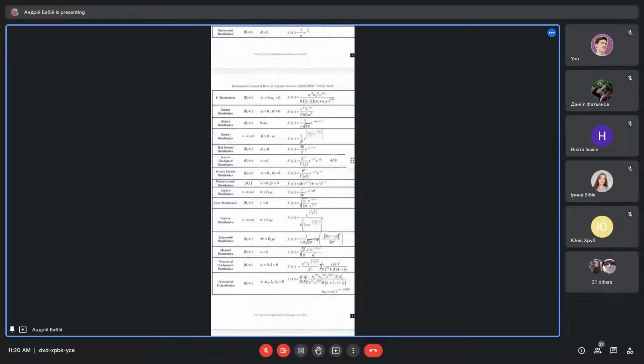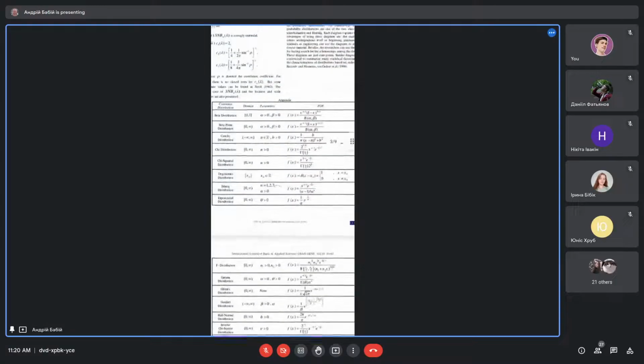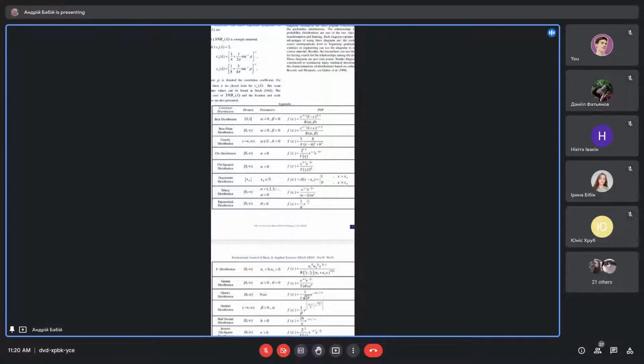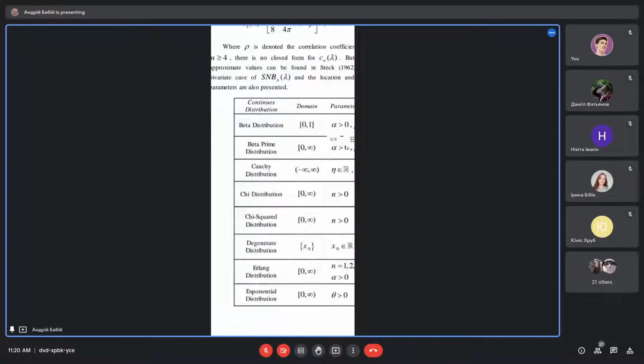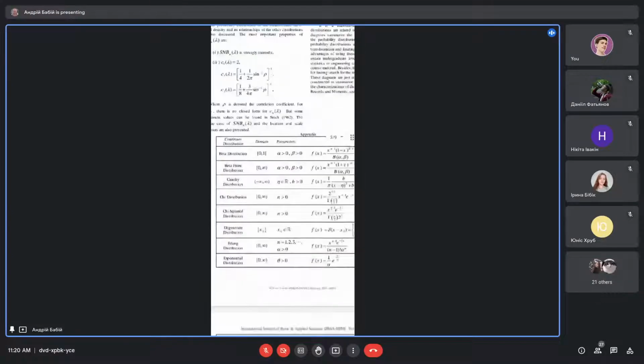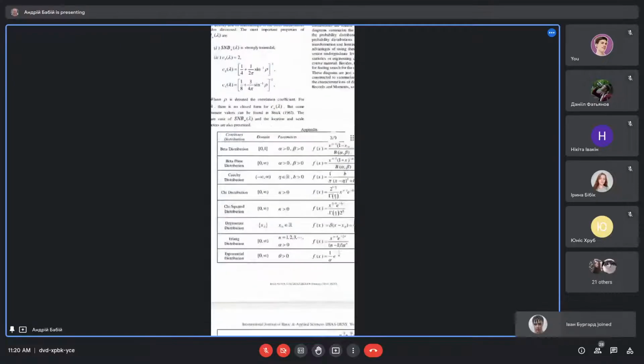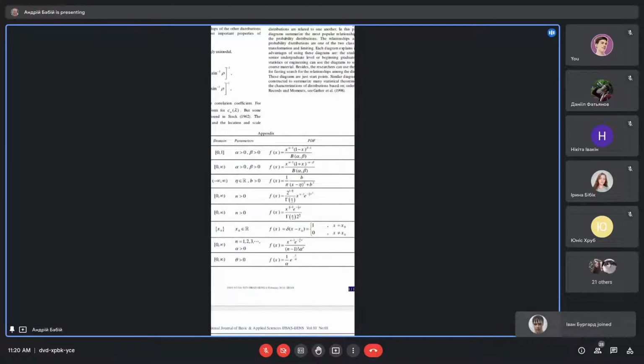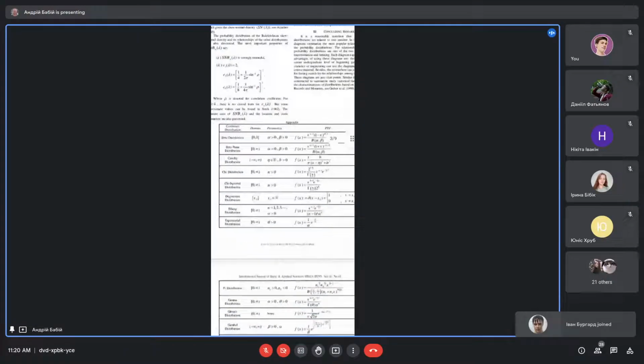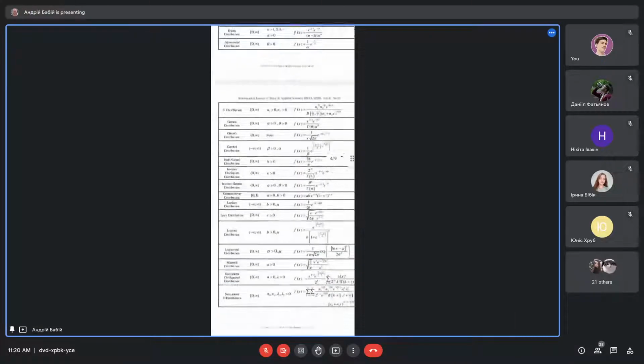If you take a look into this table, you can see a list of continuous distributions: name, domain, parameters, and probability density function, PDF.